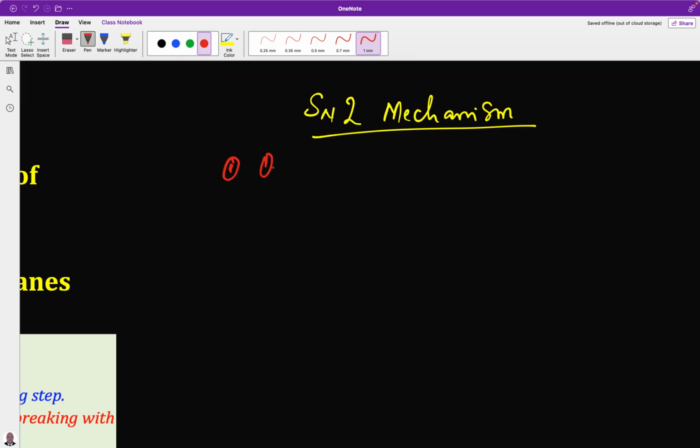Only one step. Why do I say it is only a one step reaction? Because bond formation with the nucleophile and the heterolytic bond breaking with the halogen takes place at the same time. So it is only a one step reaction.